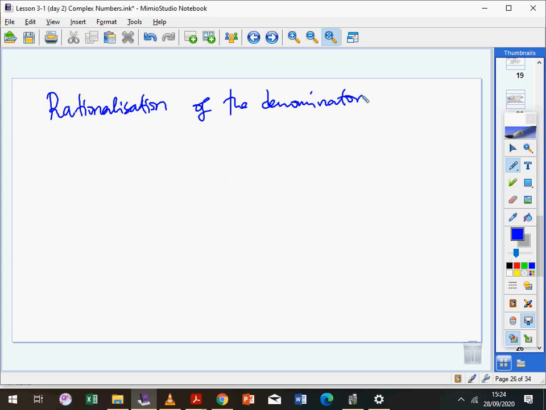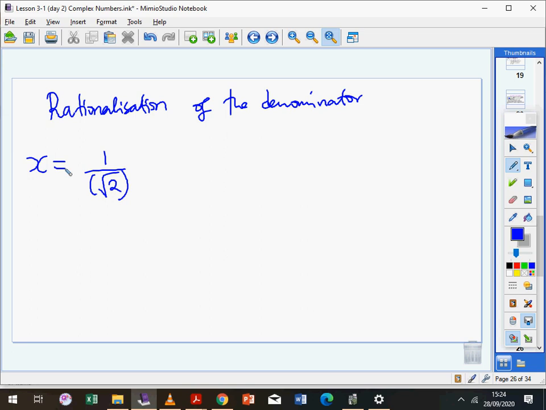But just to remind you, if you have a number like 1 over the square root of 2, this is supposed to be a fraction, but we have an irrational number in the denominator. An irrational number is a number that cannot be expressed as a fraction. So if you have an irrational number in the denominator, your solution is not very aesthetic, or it doesn't look complete if you still have a non-simplified term in the denominator.